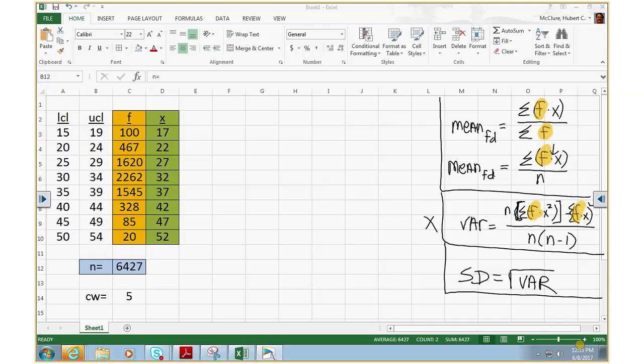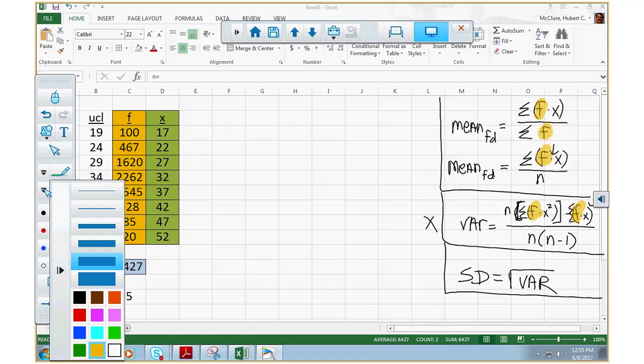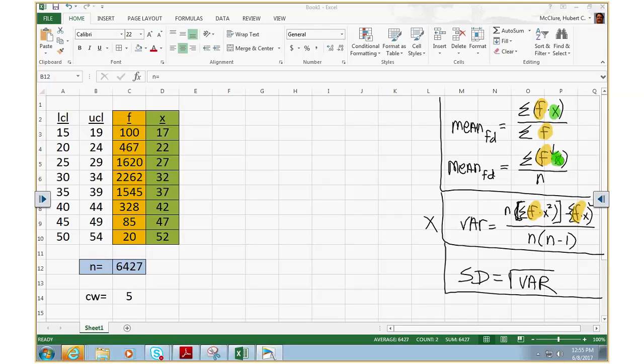And then we're going to take another highlighter, and we're going to color it green. Or X, I'm sorry. And there's an X, there's an X, there's an X, there's an X.